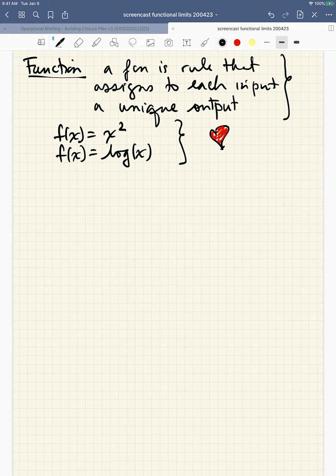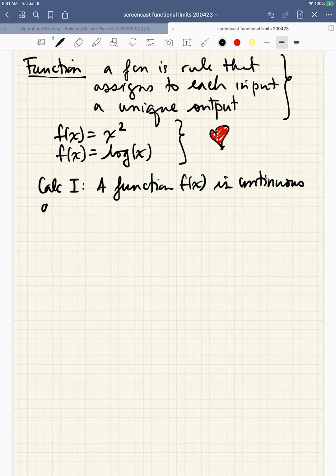So let's start with the idea of continuity. Okay, in Calc 1, we say a function f of x is continuous at x equals c if the limit as x goes to c of f of x equals f of c.